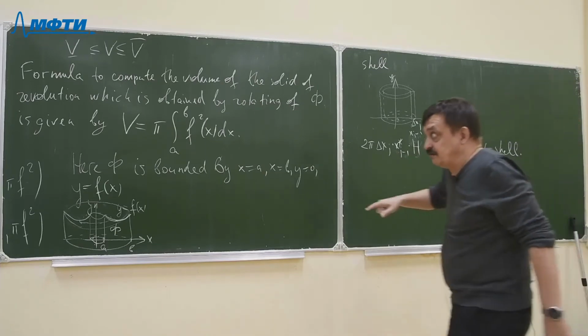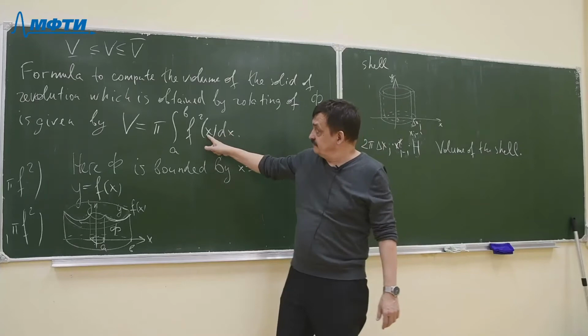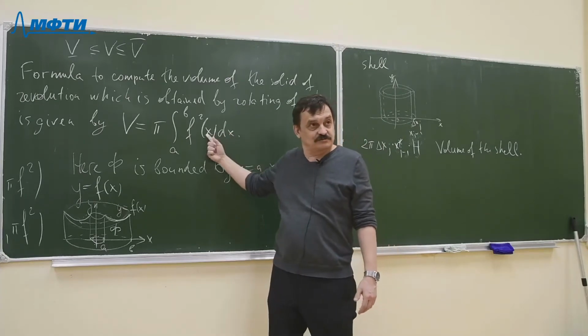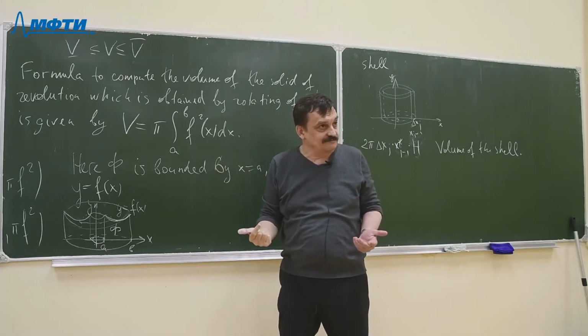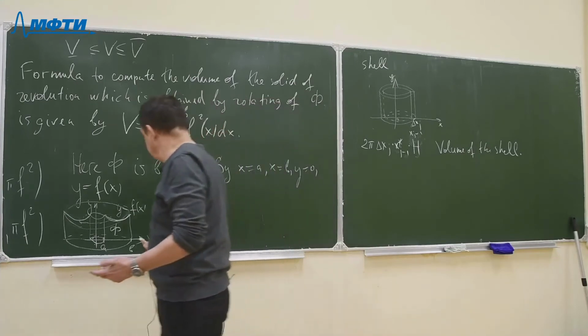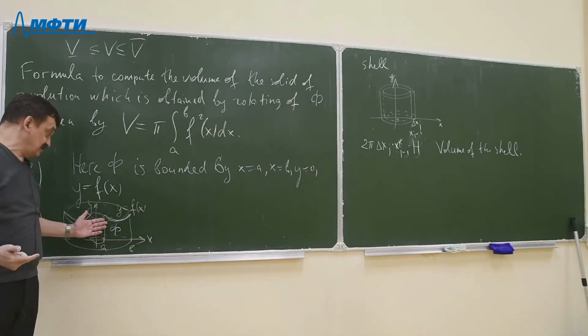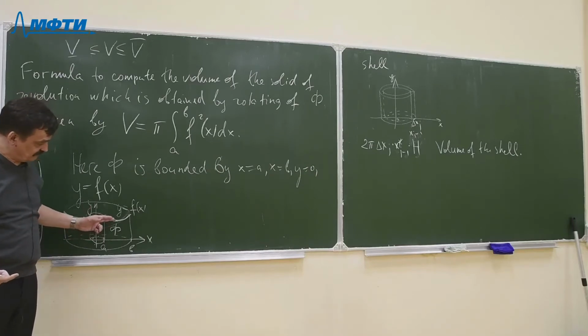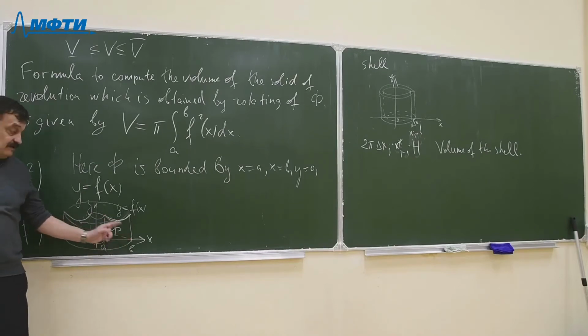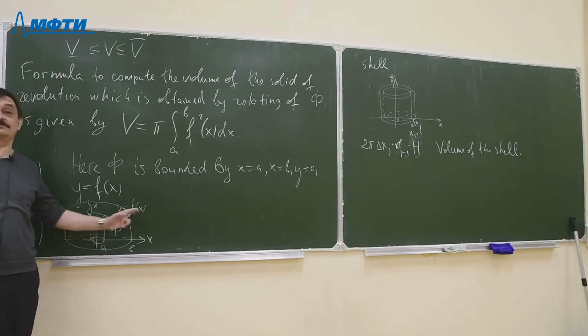In fact, you can compute by that formula, but instead of x, you should write y. This is suitable if you rotate a graph of a function x equals f of y.